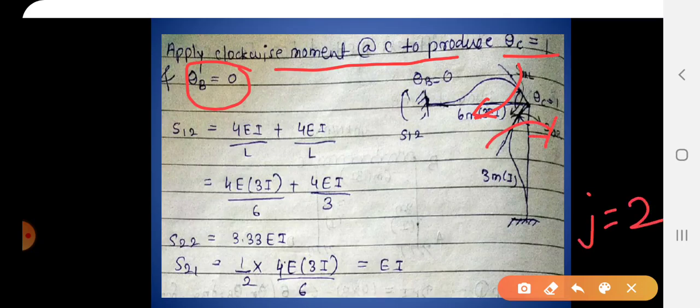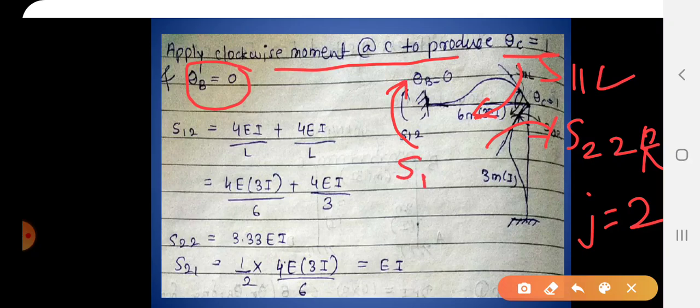Therefore S22L, sorry, R and S11L, and this moment will get transferred, half, to the other end B, which will be S12. I is 1 at B and I is 2 at C. So first you will get the value of S22. Please read this as S22: 4EI by L plus 4EI by L for both the spans.